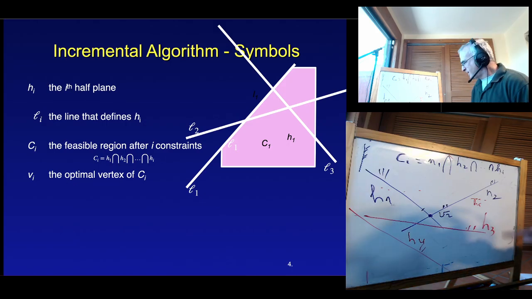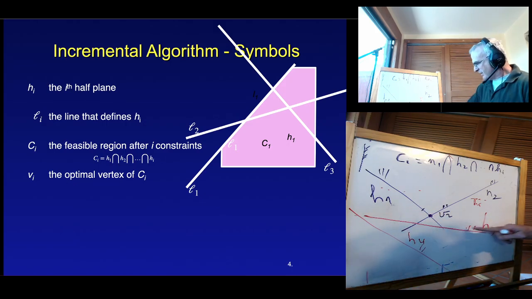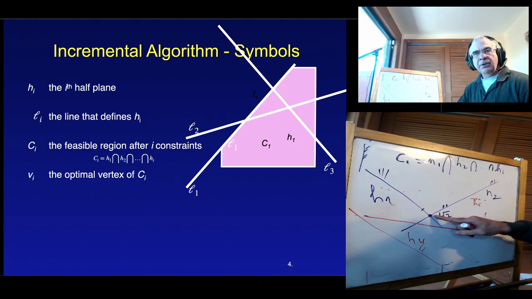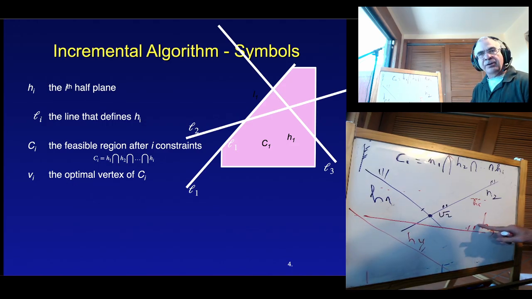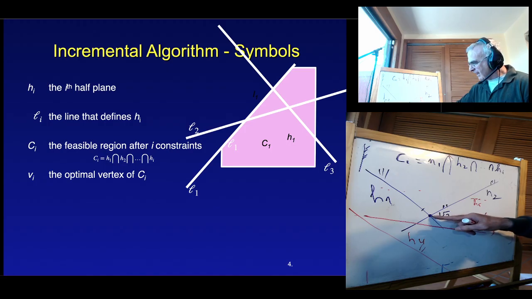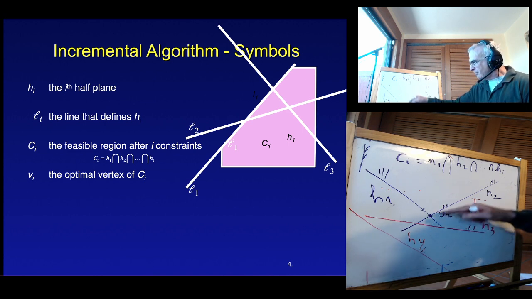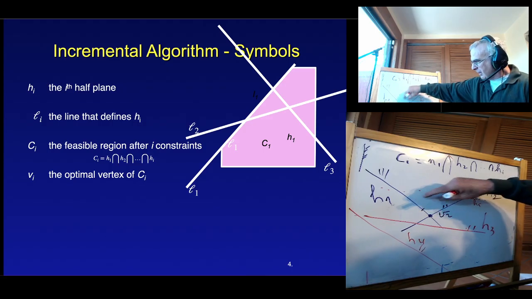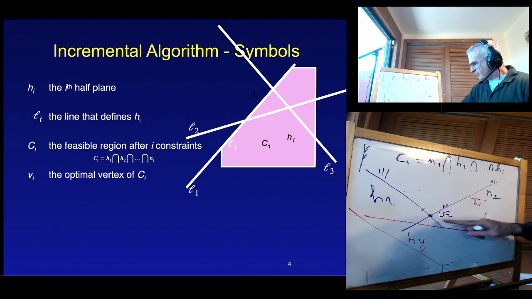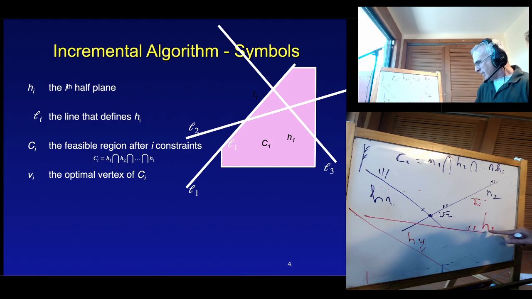It will be exactly the same as V2, because even when I'm inserting H3, V2 is completely happy to be inside H3. If it's not broken, don't fix it. If you have a solution to some sub-problem, and then you're adding more constraints, but they don't violate the optimum, then obviously I cannot get any better than V2, because H1 and H2 already bound me, and V2 doesn't contradict H3.